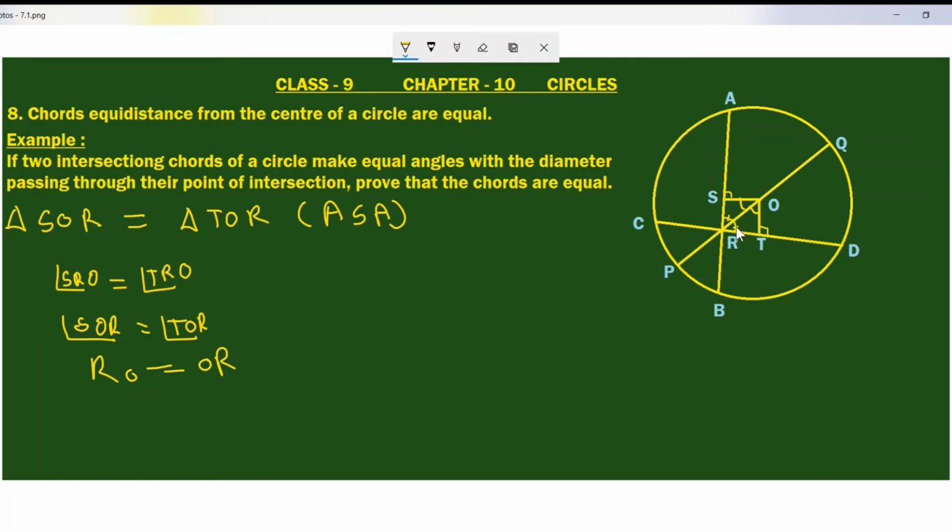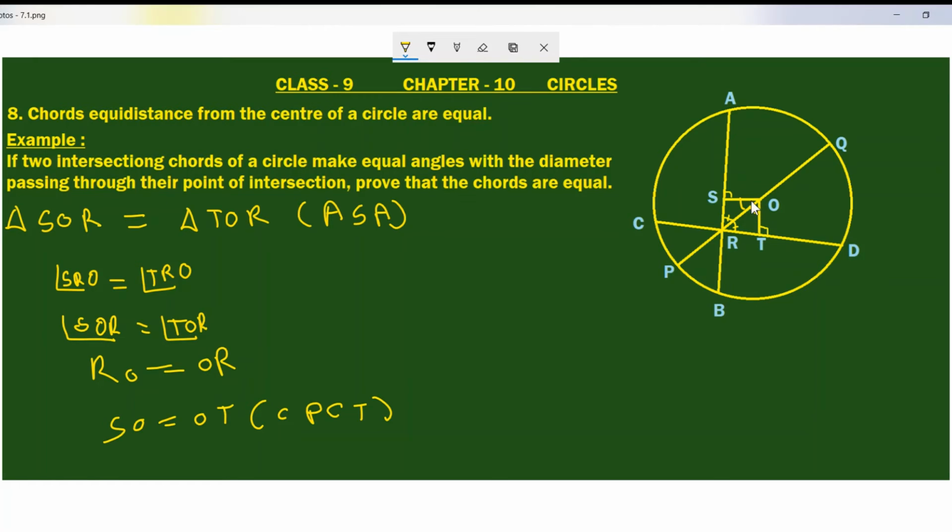This angle equal to this angle and this angle equal to this angle. This base is same for both the triangles. So these two are equal. If these two triangles are congruent, then we can say SO is equivalent to OT by CPCT, because these two are corresponding parts of congruent triangles. So this SO is the distance from the center of the circle to the chord AB, and OT is the distance from the center of the circle to the chord CD.